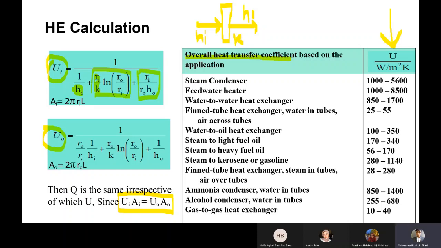Why is this table so important? Imagine I give you a problem that requires you to size the heat exchanger. Sizing basically means determining the overall heat transfer area, A. But I don't give you U, so you won't be able to solve the problem without knowing the U. So in some cases, you might need to guess, and guessing really depends on this table.